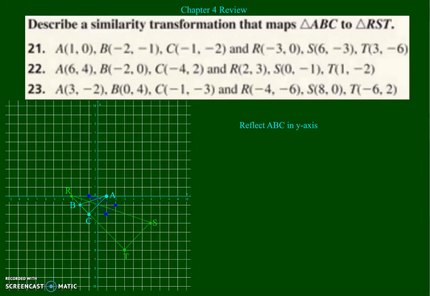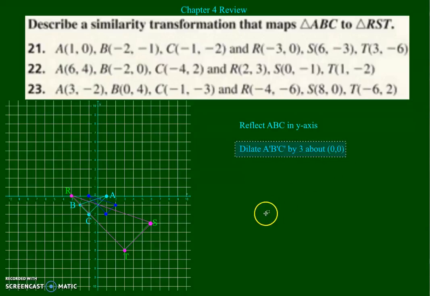And when we dilate it by 3, we get this image underneath here, which is directly overlapping on top of our ST. So to describe the similarity transformation, it is a reflection of ABC about the y-axis, and then a dilation of A prime, B prime, C prime about the origin.